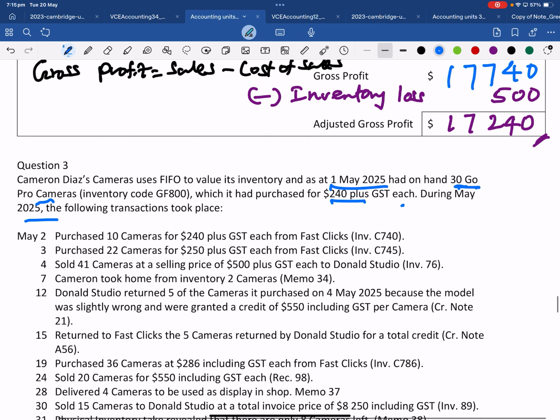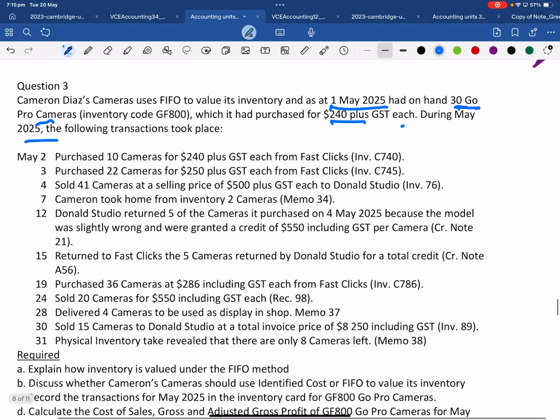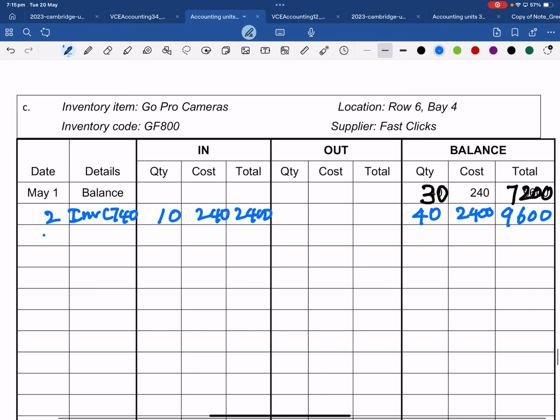Next one, purchase 22 cameras for 250, C745. We are purchasing 22 at 250, so still it is in, 250 meaning 5,500.